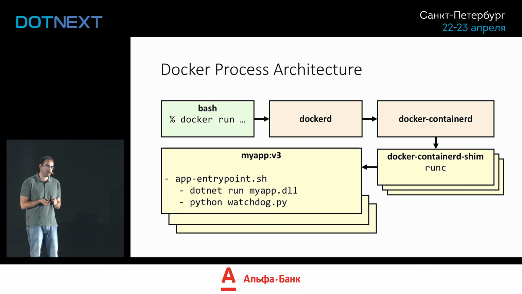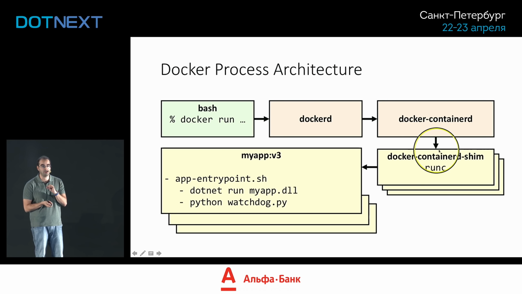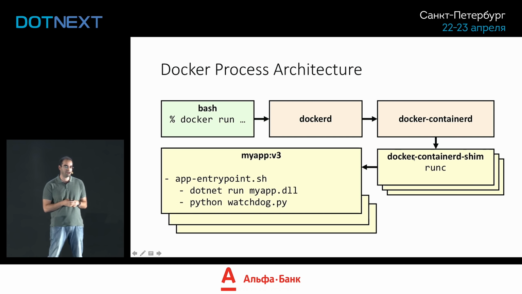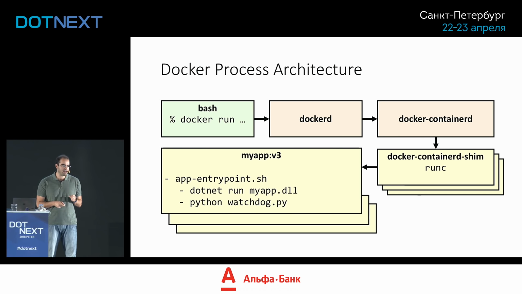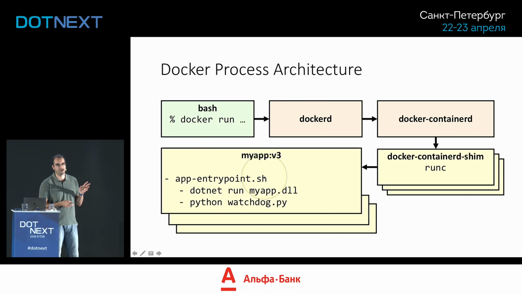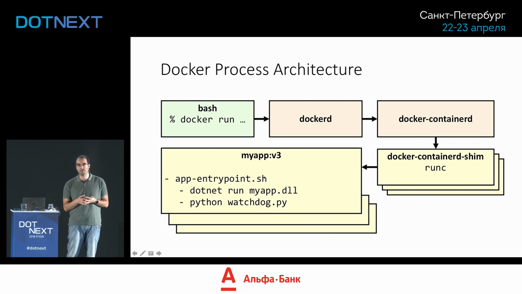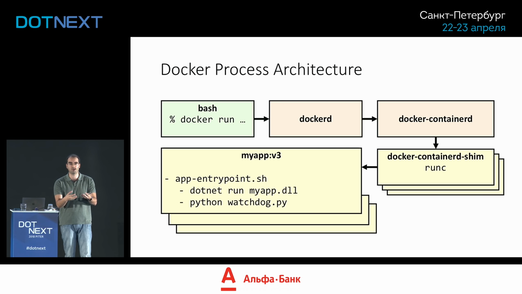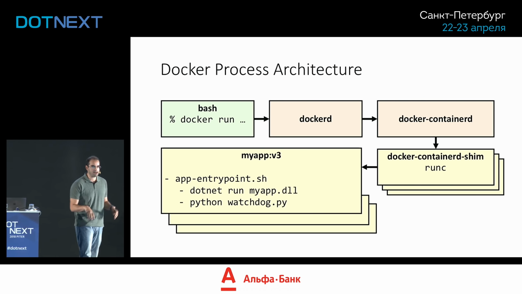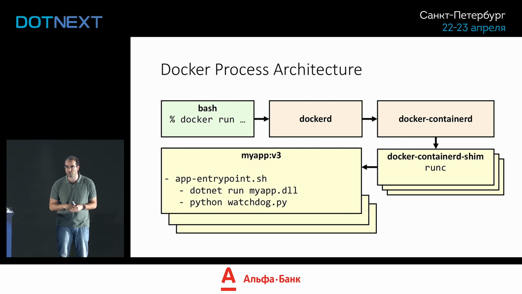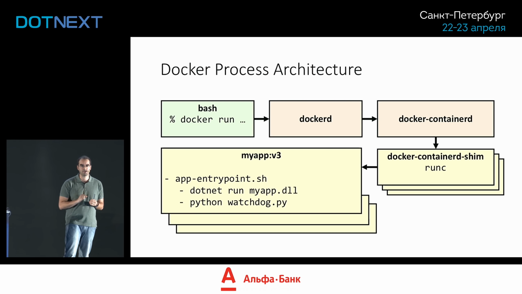And containerd then creates another process for each container you run called containerd-shim. And that process finally launches your container. And by launches your container, I mean it runs the initial process for your container, which might end up creating some additional processes. So there's multiple steps here.